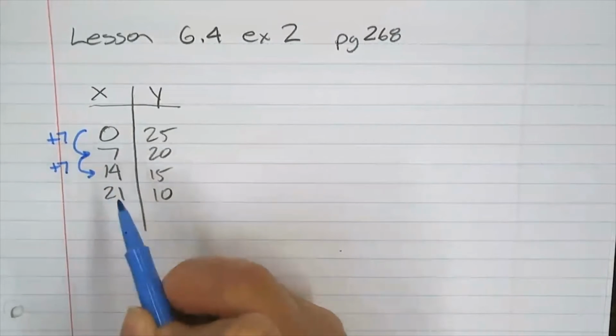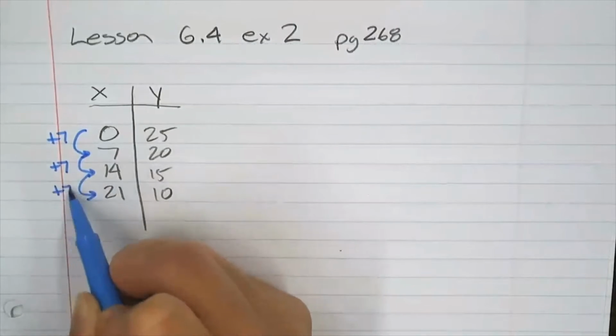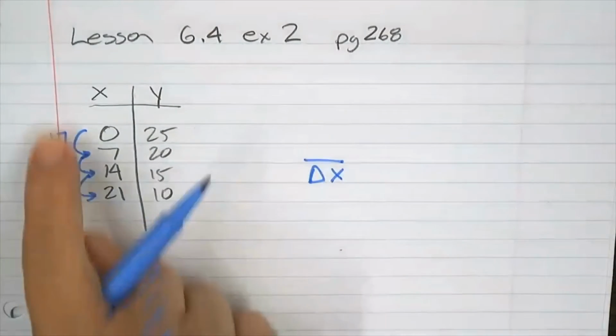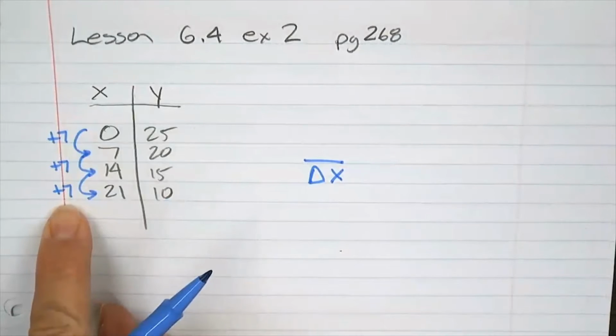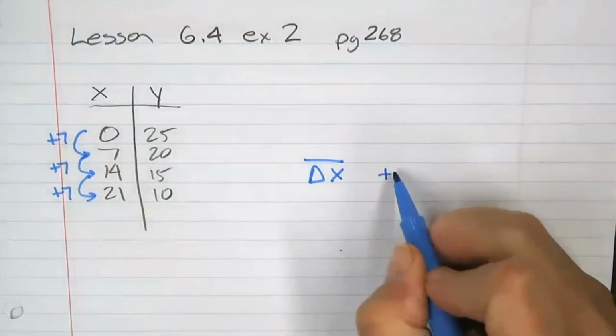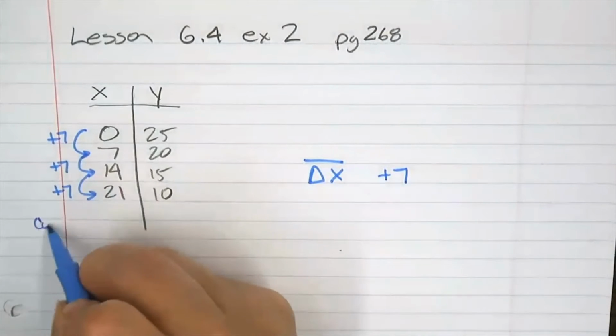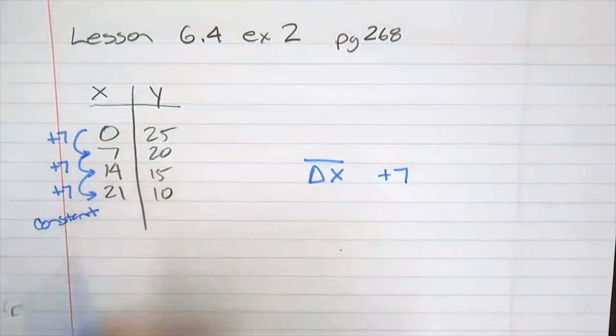So +7, +7, +7. So our change in x is constant. They are all the same. So our change in x is +7. And because they're all the same, that means it's constant.